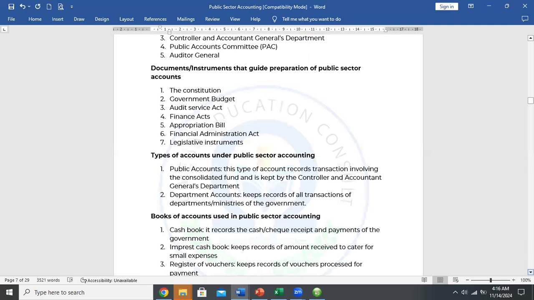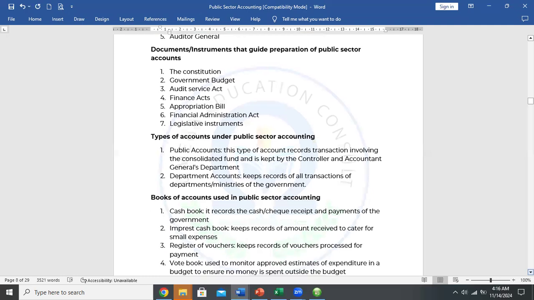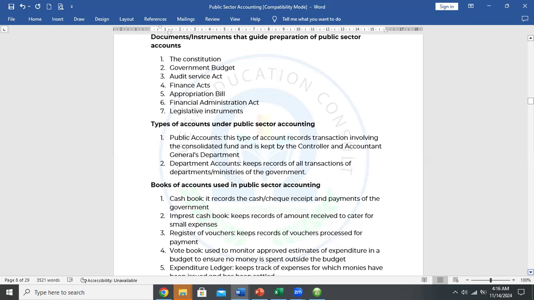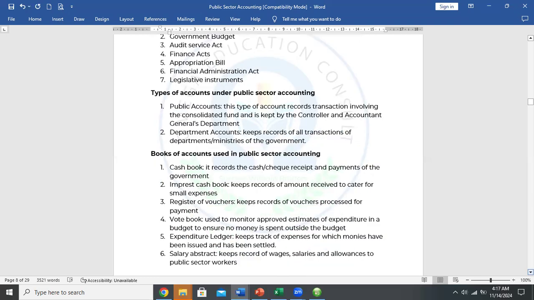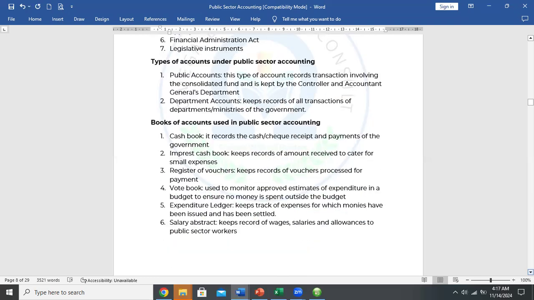So documents that are used in public sector, we have the constitution, the budget, all the bills and the acts. Some of these things are not highly examinable, so permit me to skip them, right? The types of account under public sector, we have the public accounts and the department accounts. The public account is a type of account involving the consolidated fund, and as I told you earlier, it's managed by the Controller and Accountant General's Department.